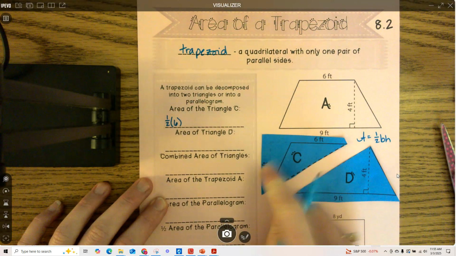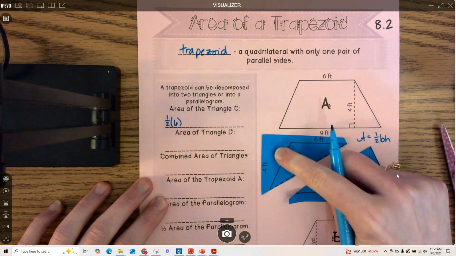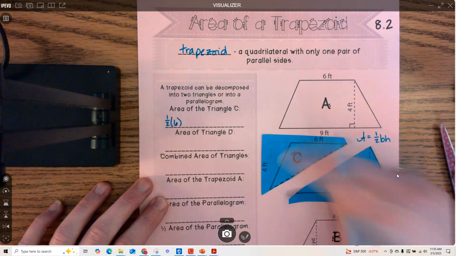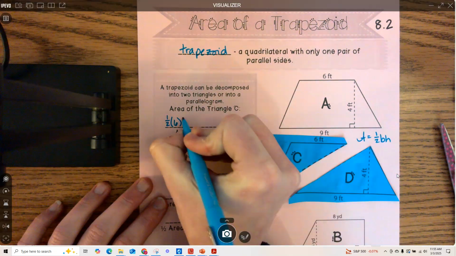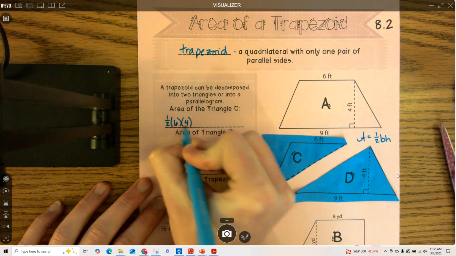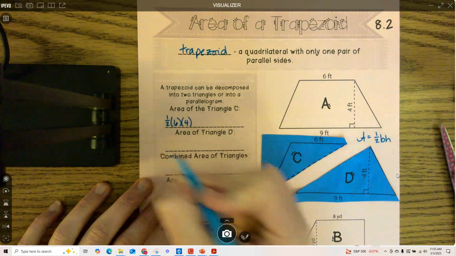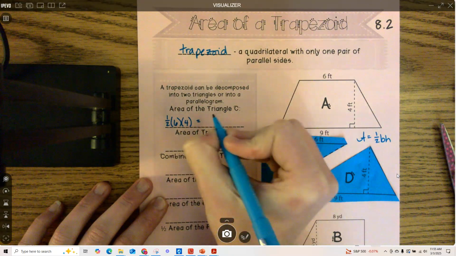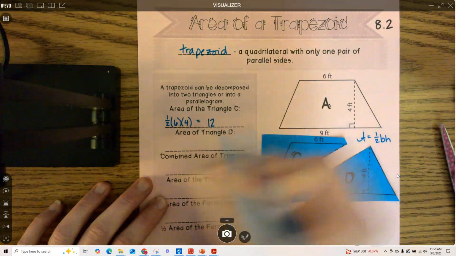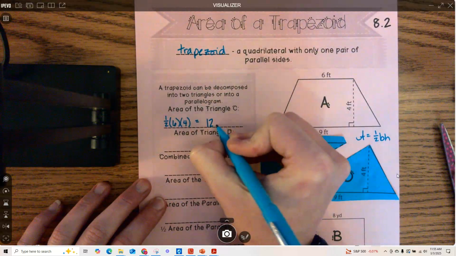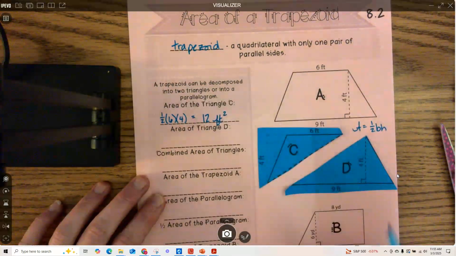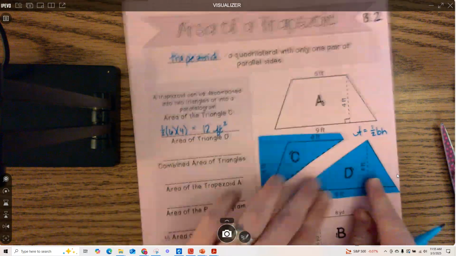And I know it's kind of hard to see, there's a really faint dashed line that shows you the height. So the height on this is 4. So 6 times 4 is 24. Half of 24 would give me 12. And this is feet. Feet squared.